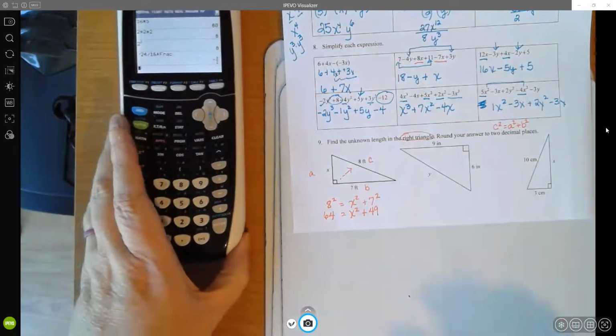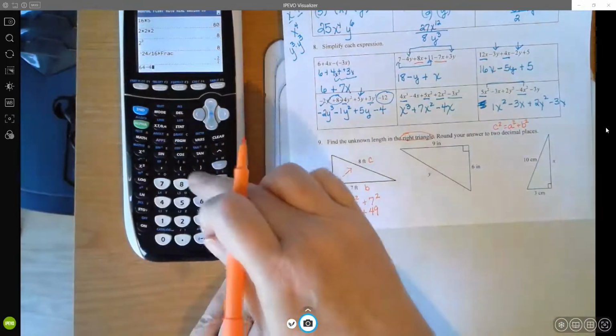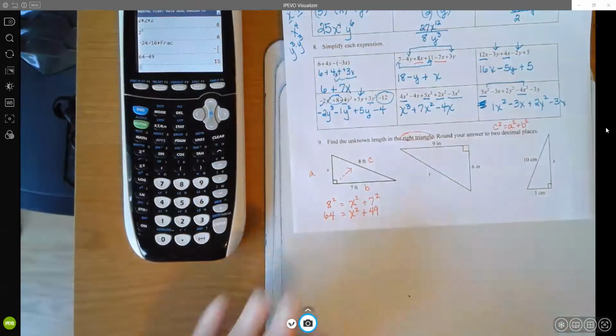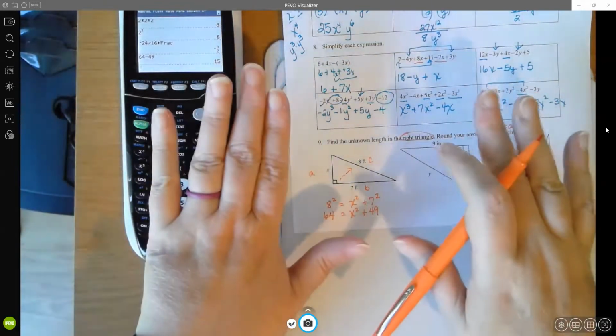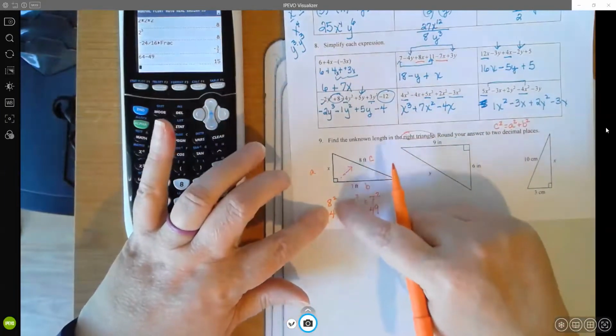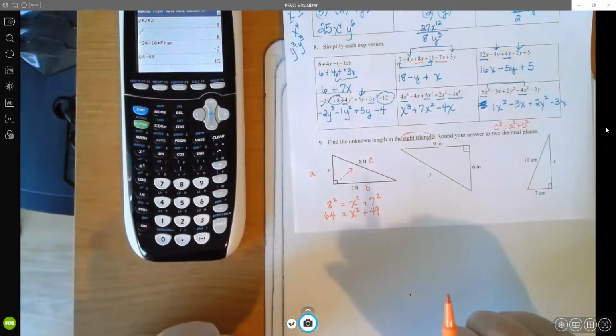The next part is to subtract 64 minus 49. You will either add or subtract. If you're given a number on each side, on either side of the equal sign, you will always subtract.